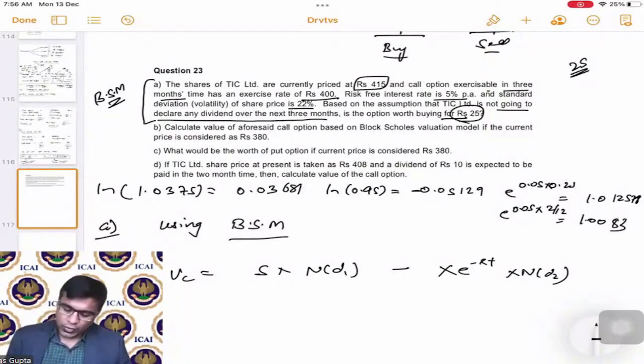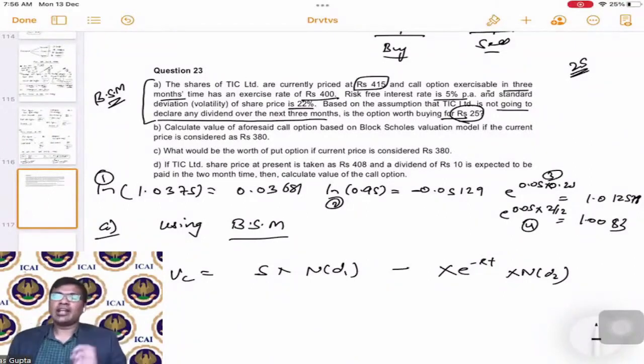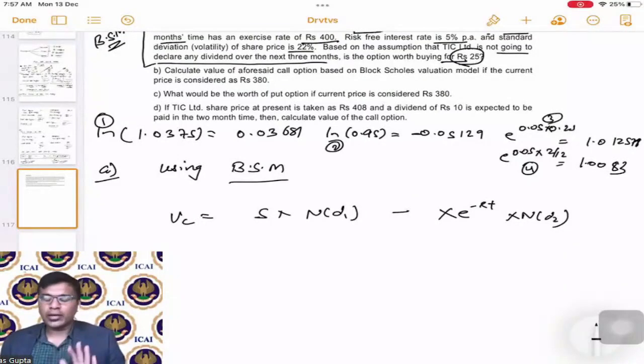Now students, please note these 1, 2, 3 and 4 values should be part of this question but are not there, so these are just to make it correct. Although I will tell you how to calculate the natural log also, in case the value is not given.